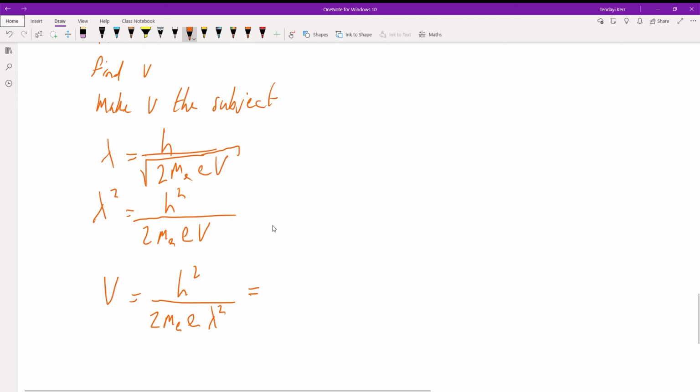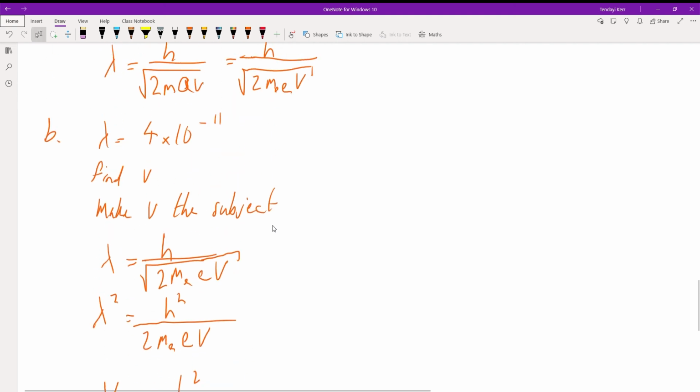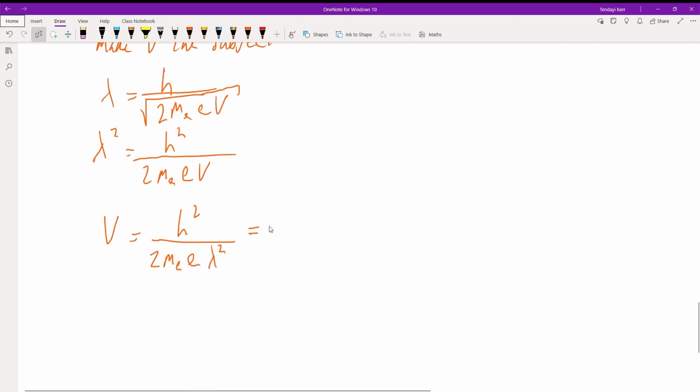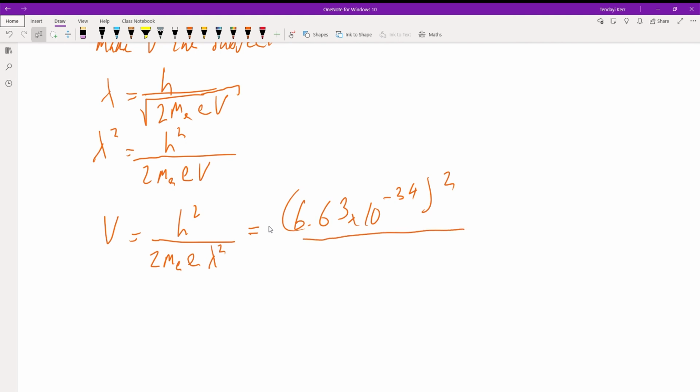So lambda is 4 times 10 to the minus 11 meters, and h we're given, 6.63 times 10 to the minus 34. Square that. Mass of electron is 9.11 times 10 to the minus 31. This is all on the formula sheet.